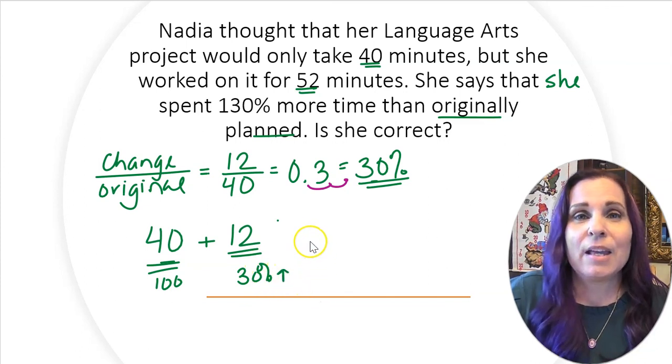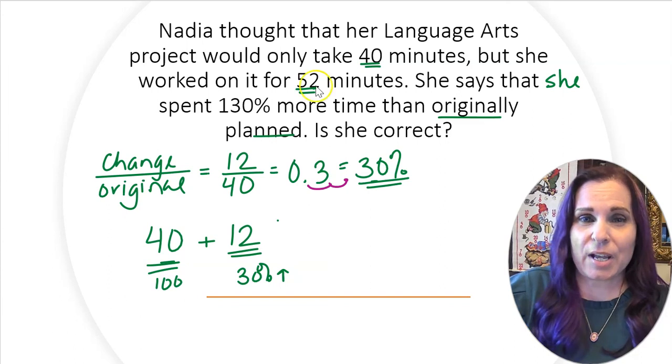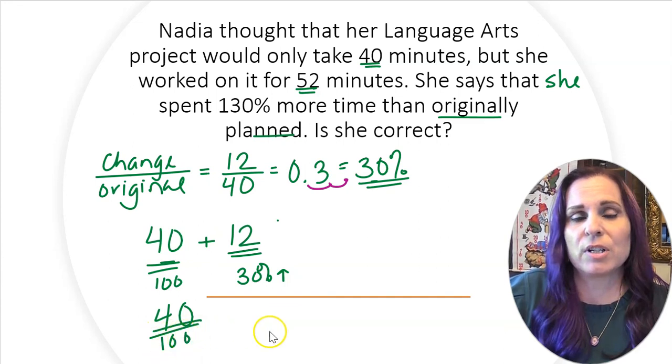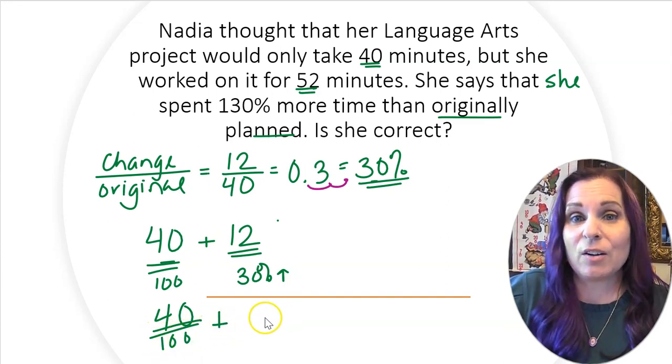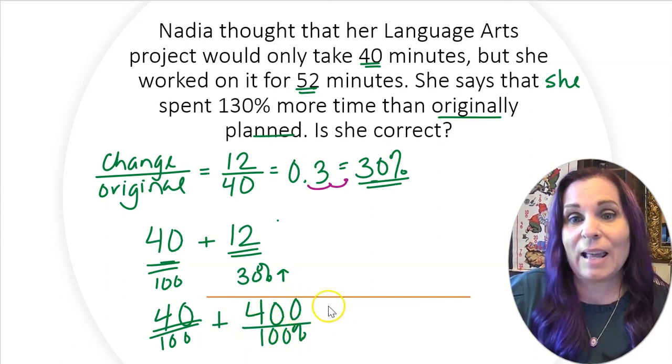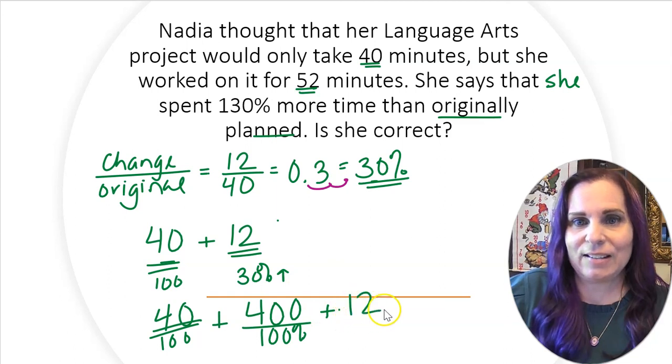If it were 130%, we would start with our original amount, which is 40, that's our 100. Then we would add on another 40 and 30.